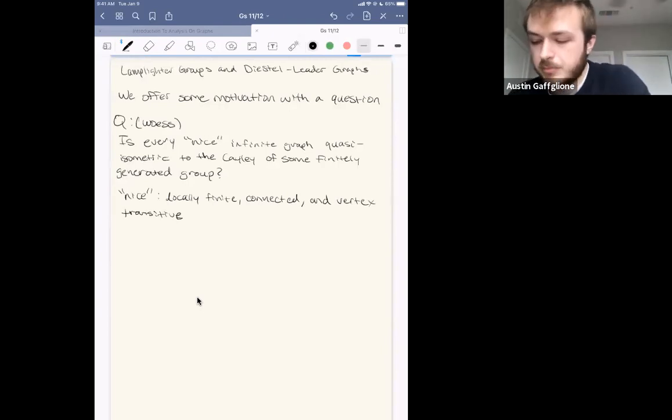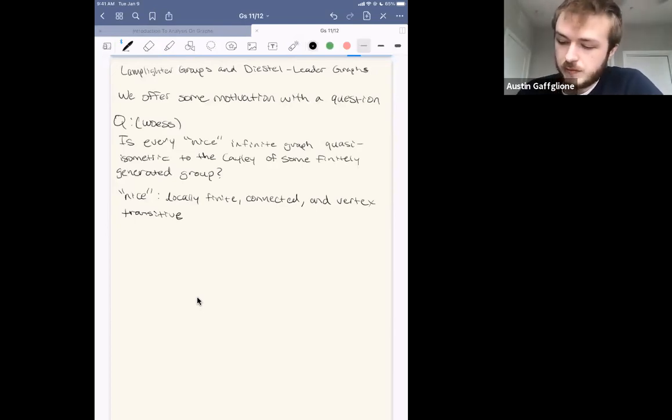Locally finite means I don't have a situation where there's an infinite number of edges connecting to one vertex. Connected means there's no isolated vertex, or if I have two arbitrary vertices, I can find a sequence of edges that connect them.